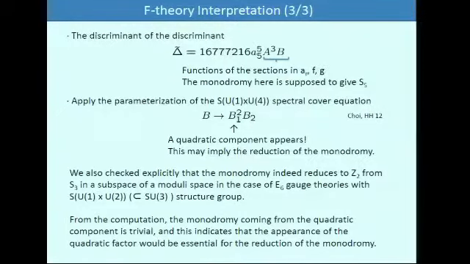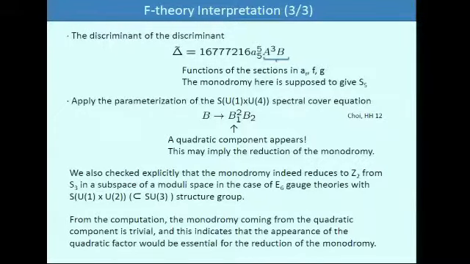The discriminant can be written in this way, and those large A and B are very complicated functions of the a_r, F and G. Those a_r are the bundle moduli, and F and G are complex structure moduli of the Calabi-Yau in heterotic string theory.